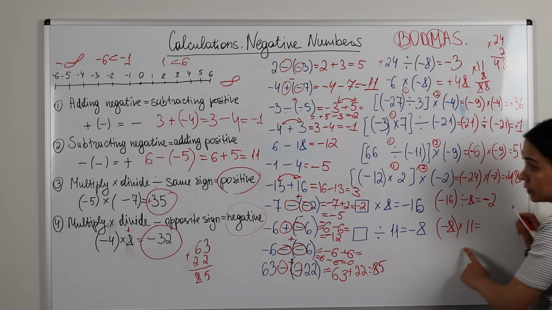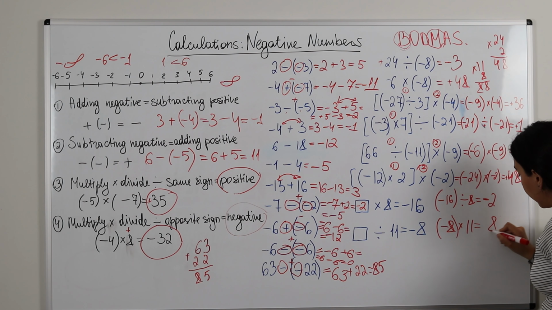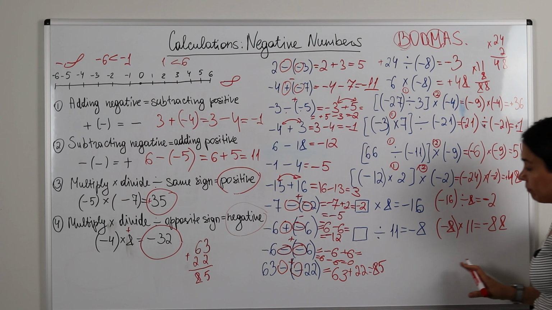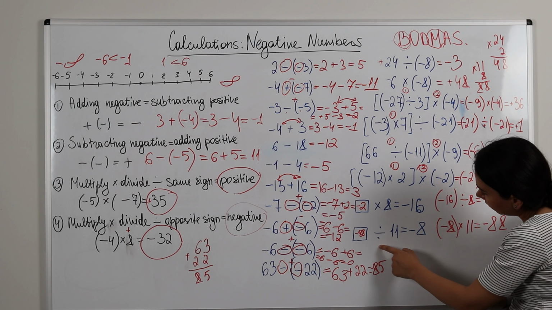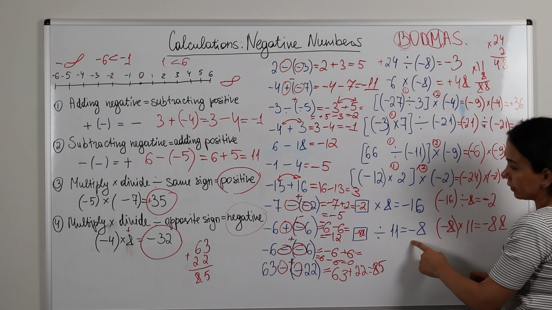Since signs are opposite, look at rule number 4. We get the negative result. We get 88 with a negative sign. Minus 88. If we put minus 88 here and cross-check, minus 88 divided by 11 would be minus 8. Since the signs are different, we get the negative result.